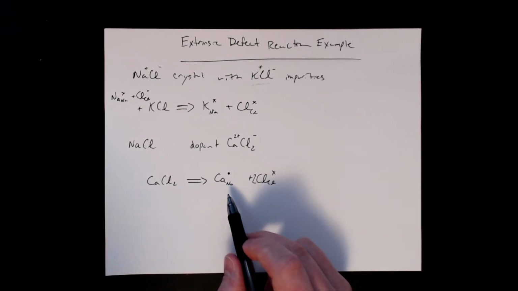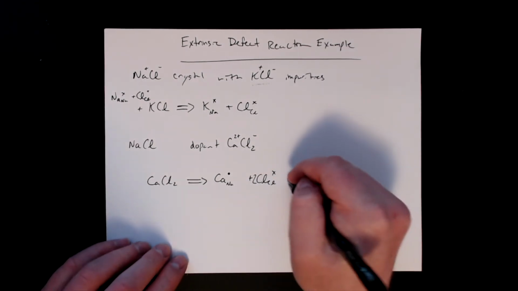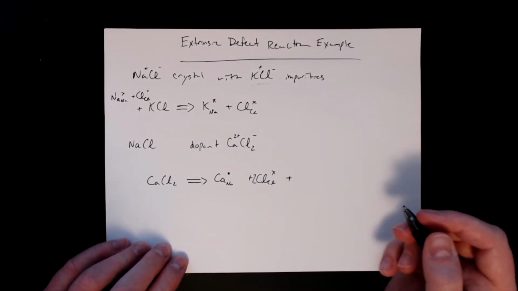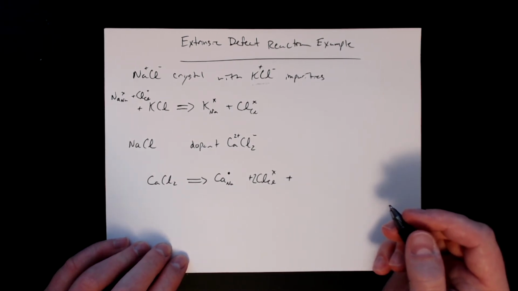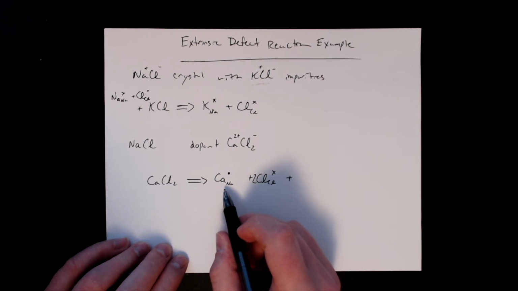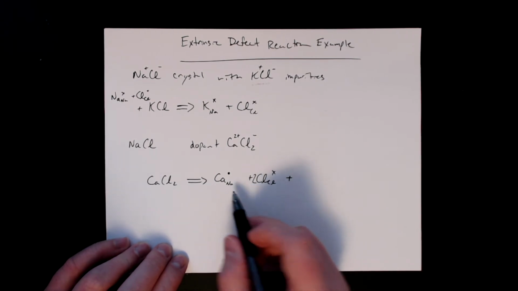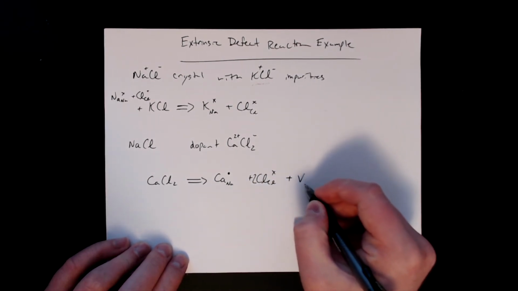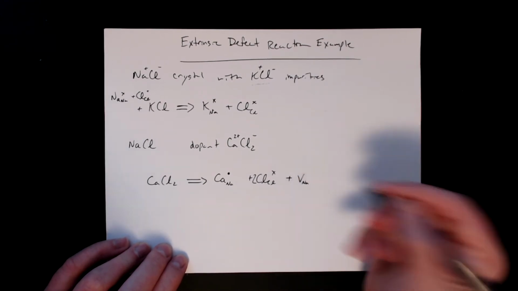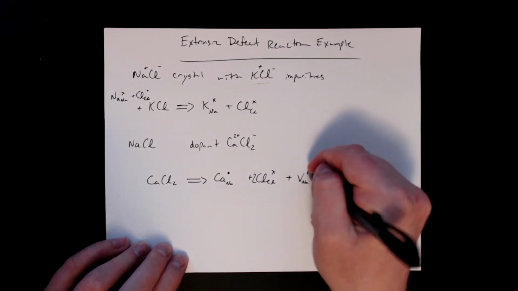So in addition, to balance this, maybe the most straightforward way would be to think about calcium coming in, one of those, and replacing 2 sodiums. So effectively having another vacancy of sodium, because this would then have a negative charge.